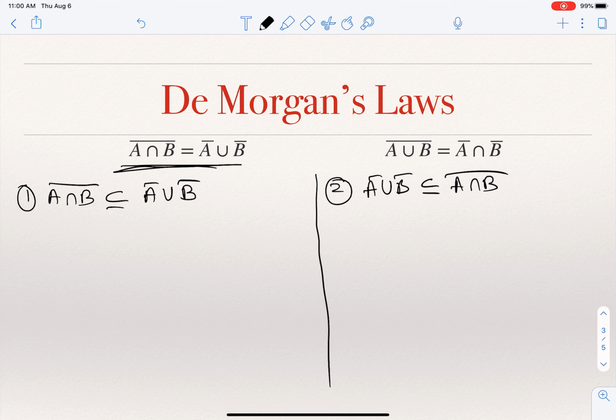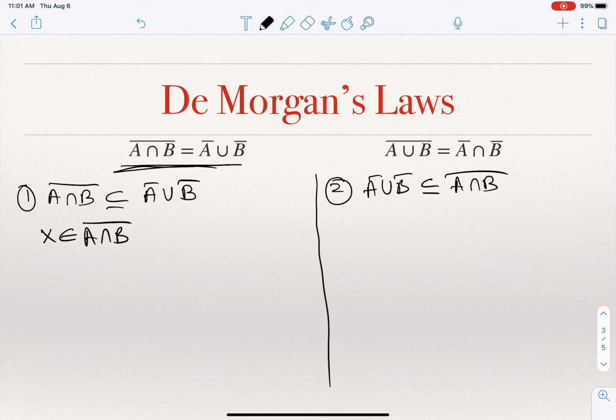So how do I show that the complement of A intersection B is a subset of the union of the complements? Well, we go back to the definition. What does it mean to have A being a subset of B? It means that for every x, if x is in A, x must be in B. So we say, suppose x is an element of the complement of the intersection.